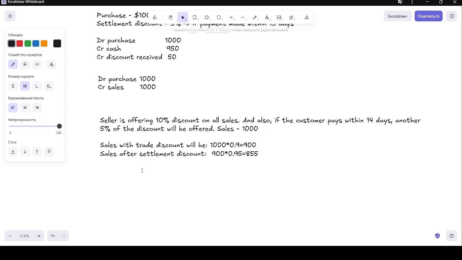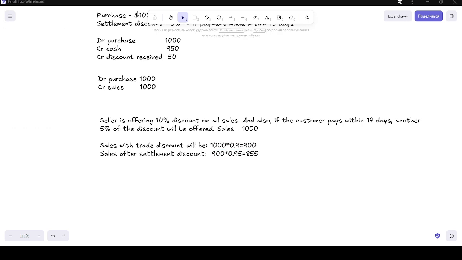Sales after settlement discount will be it will be calculated after the sales from the net amount of the sales after the trade discount, reducing by the sales by 10%. We will calculate our settlement discount. And this is our third lesson. Take care.